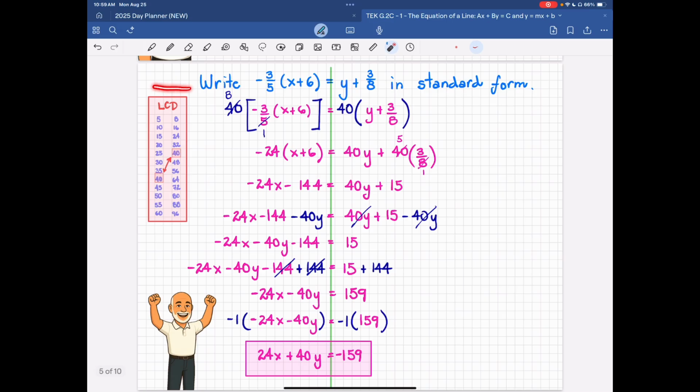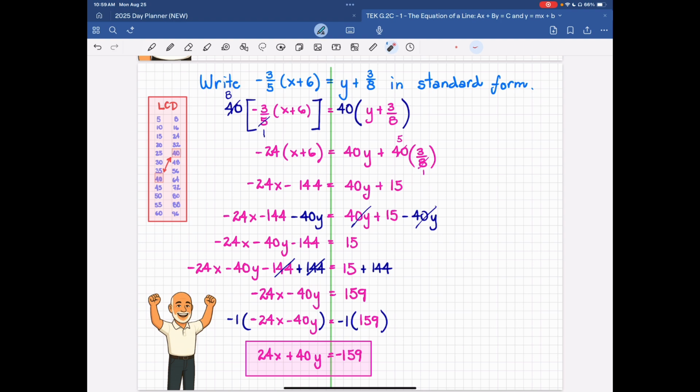Notice too that I have my LCD chart over here on the left, and that LCD chart tells me the smallest number that 8 and 5 can go into. And that helps me get rid of those fractions in the denominator so that I don't have to worry about them. So look, we cut out our fractions right here in that second step. And moving down here, we're not worried about fractions. We're just using whole numbers.